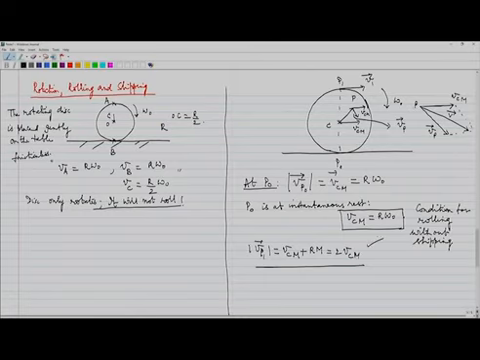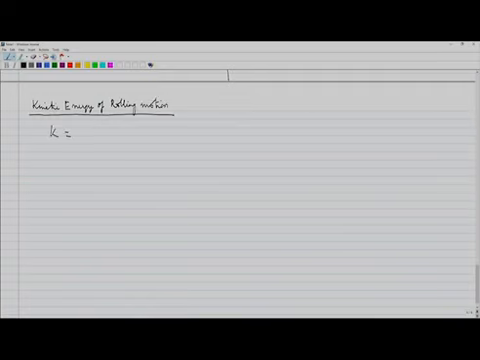Now we will derive an expression for the kinetic energy of a rolling motion. So, the kinetic energy of a rolling body, K, is equal to: remember, a rolling body has kinetic energy of translation plus kinetic energy of rotation.